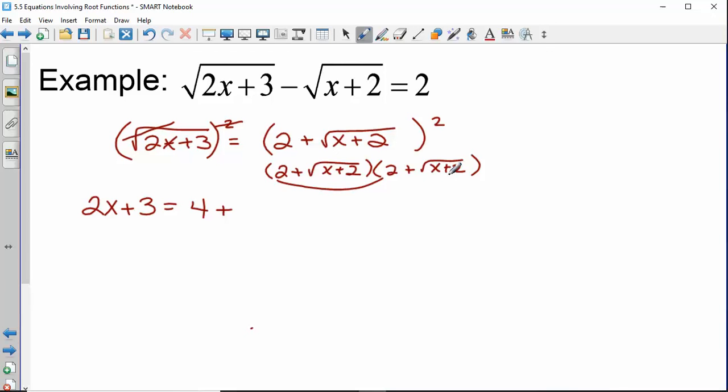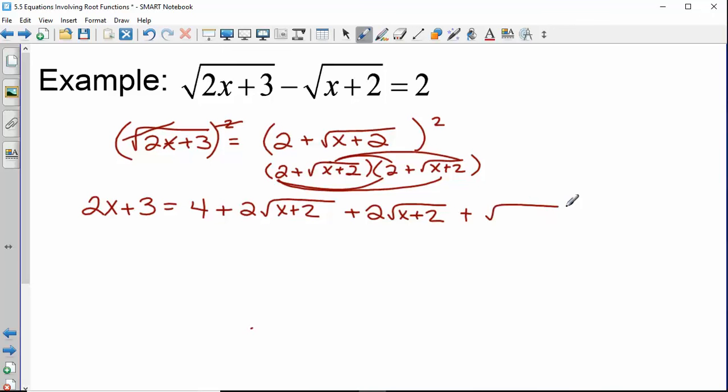Plus, multiply those, you just get 2 radical x plus 2. Plus another 2 radical x plus 2. If you FOIL or multiply those, you get radical x plus 2 squared, which what happens then? Cancels, and you just get an x plus 2.